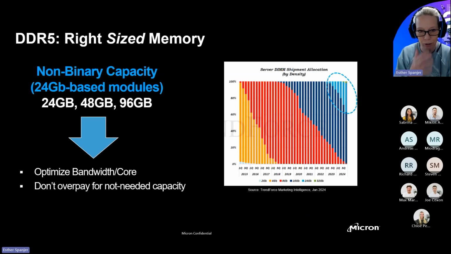And so what the industry has come out with is what we call non-binary capacity points. This is really a way to find the best configuration and the best optimization between the amount of cores you need, the amount of bandwidth you need, and the amount of capacity you need, and not overpay for capacity that you don't really need.